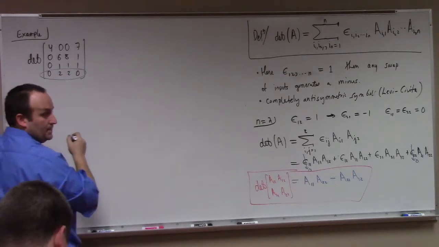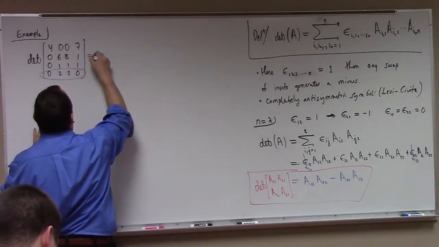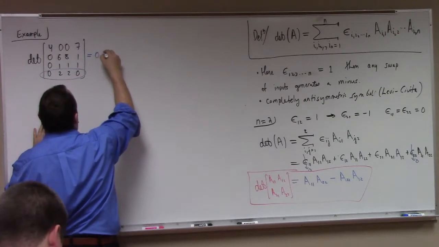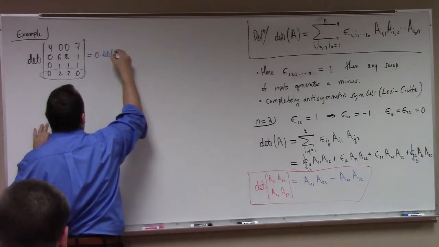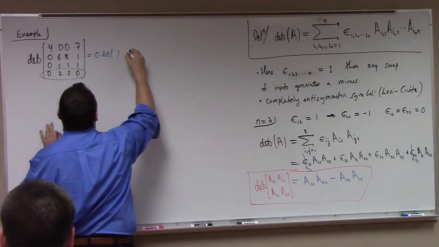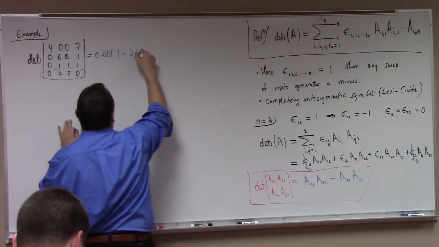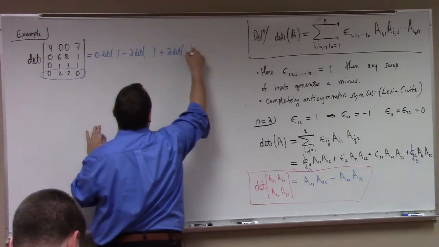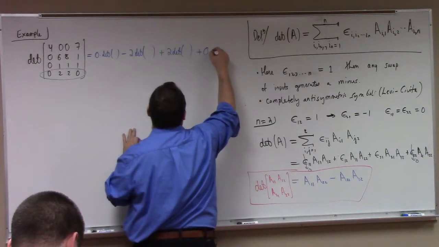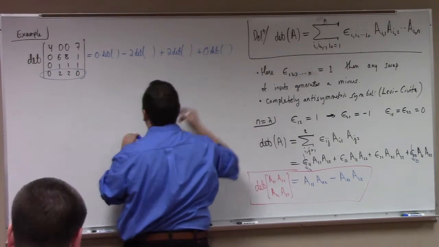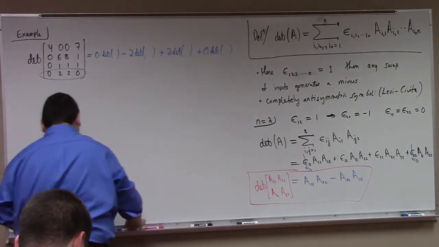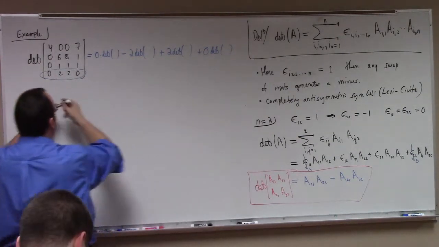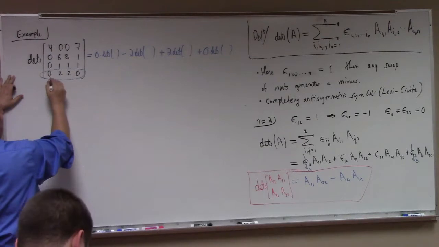All right? So this is going to be 0 times the determinant of whatever, minus 2 times the determinant of something, plus 2 times the determinant of something else, plus 0 times the determinant of who cares. That's the general pattern. So what we do is I've got to be careful.